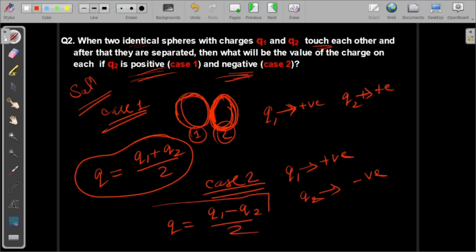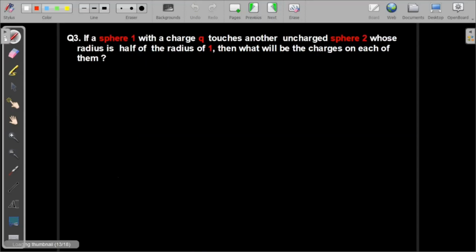This will be the final value of charge on each body. Understood? Suppose this is Q, this is Q prime. I have denoted it in this way. In this way, you will get the values. This is simple. Next, come to the next question.